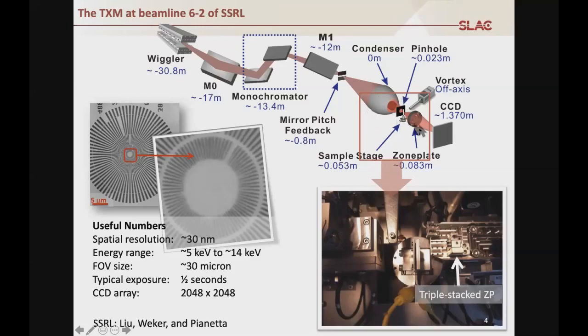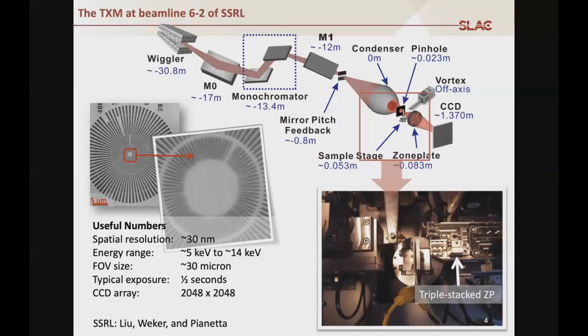Downstream of the sample, we have a Fresnel zone plate, which acts as a magnifying lens to project the image to the detector. That's how we can use a conventional CCD detector to achieve spatial resolution down to tens of nanometer scale.